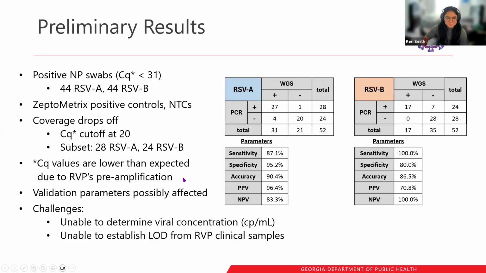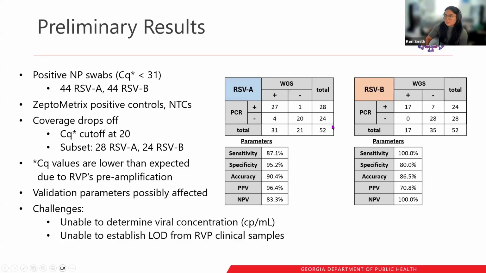However, to back up, I noticed coverage started to drop off after a Cq value of 20, so we established a cutoff at 20. The table represents a subset of all the samples I've sequenced. The subset contains 28 RSV-A and 24 RSV-B samples.